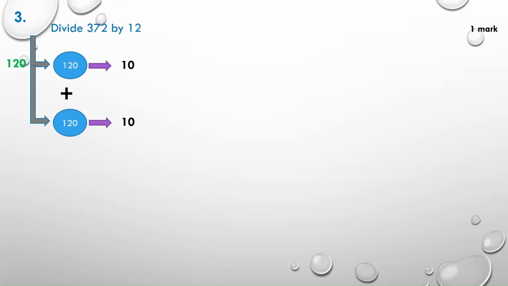The first 10 dozens, or 10 12s, will give us 120. We have another 120, so we could get another 10 groups of 12. So we've catered for 240 of those that we've divided already. Can we get another set? Well, it seems so. If we add another 120, that means we're catering for 360. If we were sharing up toys, we didn't have to share all 372 into 12 at one time.